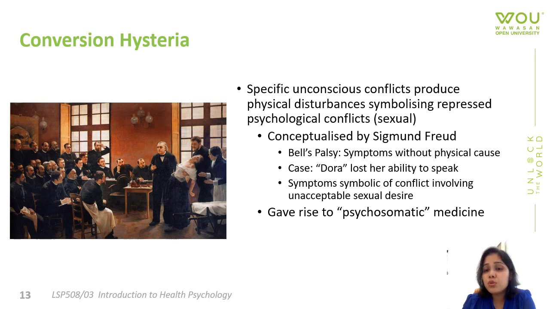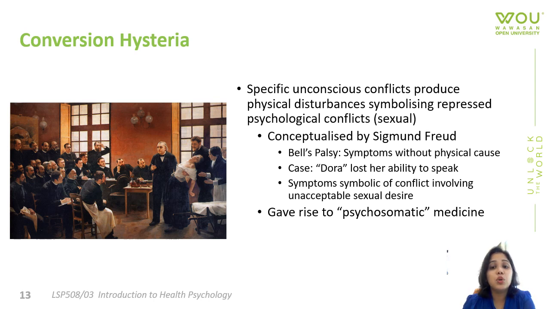And he also described some conditions like Bell palsy as having no physical cause to the symptoms. Why do some people have Bell palsy, but there are no physical findings of why a person acquired such a condition? Could it be due to the psychological impact? That was not looked into, right?